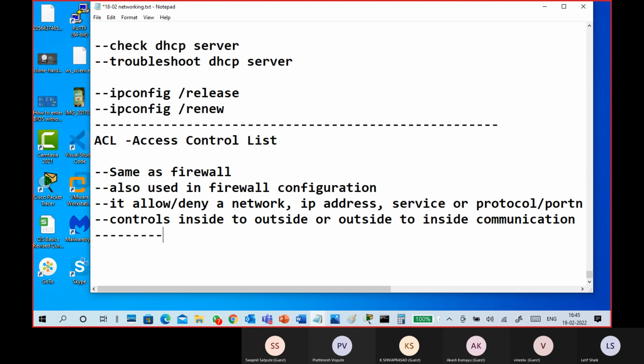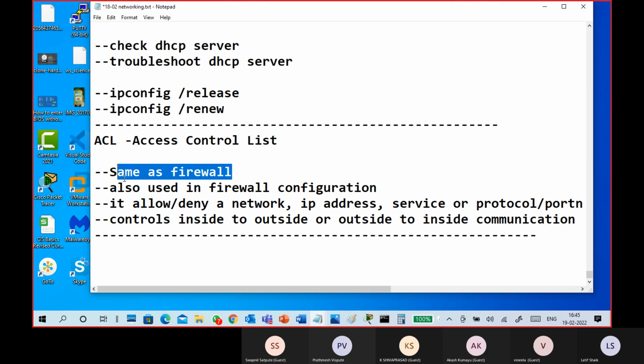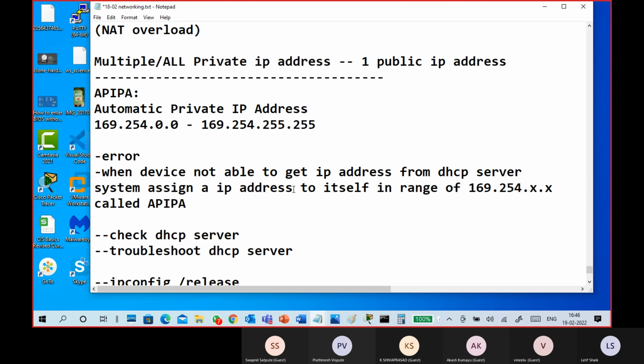Of course, there are standard access lists, extended access lists, named access lists, and numbered access lists, but I'm not going into that, guys. Access control list, same as a firewall. Allow or deny a network, meaning logical network, IP network, or an IP address, or a service, or a protocol, or a port number. You can allow or deny inside to outside or outside to inside. It filters the traffic also. So that is ACL.